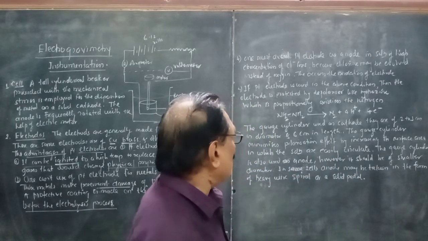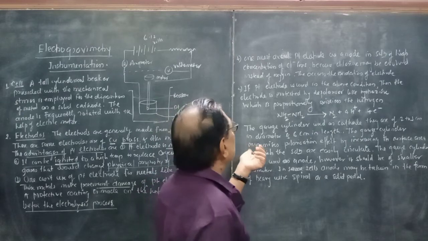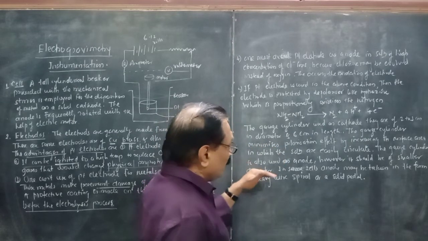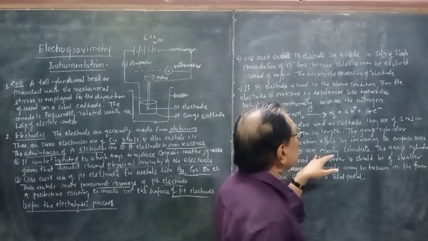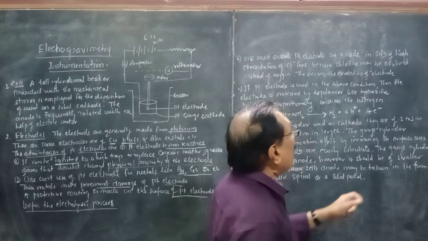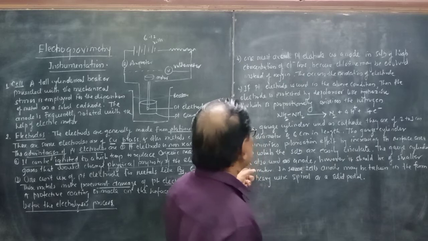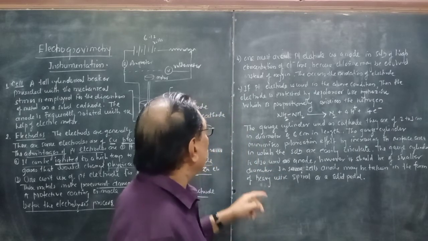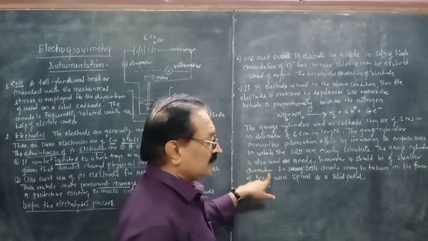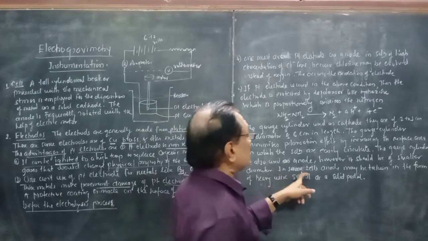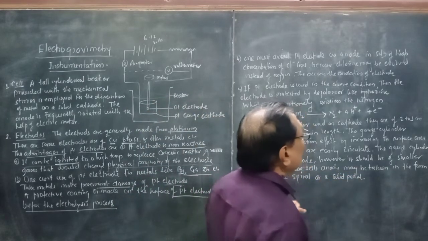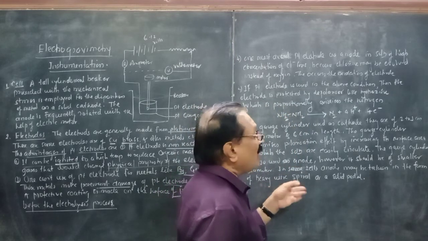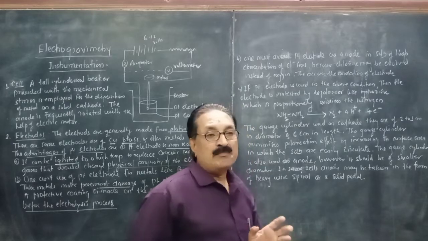As the surface area increases, the polarization effect is minimized, and the solutions are easily circulated. The gauze cylinder is also used as an anode, however it should be of a smaller diameter. In some cells, the anode may be taken in the form of a heavy wire or a spiral, or you can take a solid pedal.